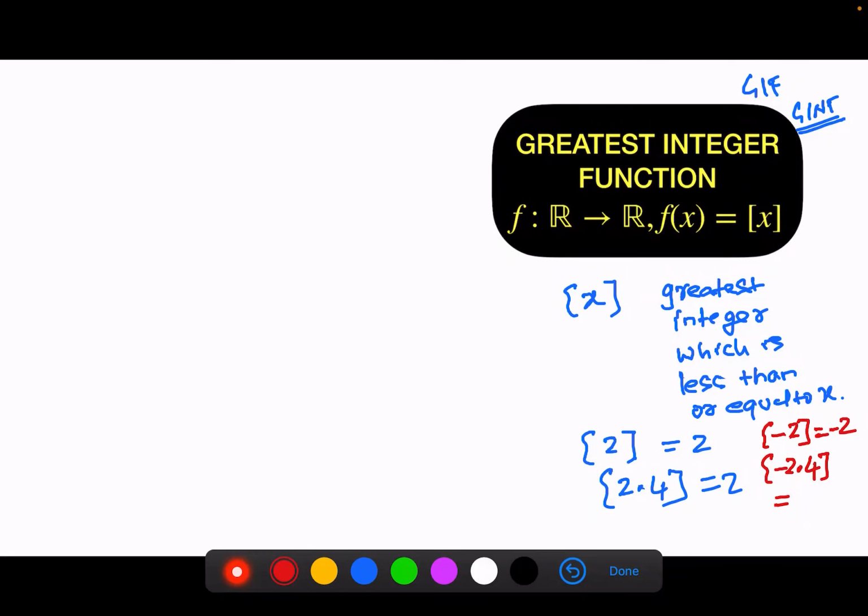See, if you move more to the left, your numbers become smaller, right? So which is greater, minus 2 or minus 2.4? Minus 2 is greater, right? But we want smaller than minus 2.4.